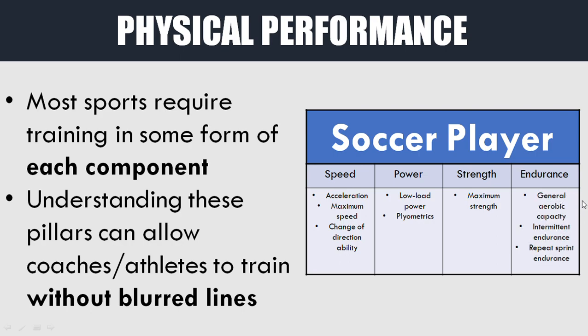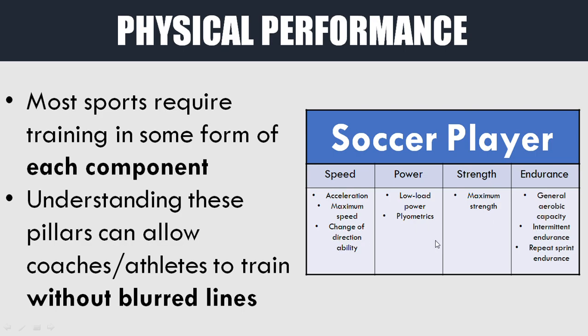Again, we might emphasize different qualities at different times of the year. So we might do some general aerobic capacity training in the off season, and then as we get closer to the season, we might start introducing more intermittent type endurance and maybe some repeat sprint endurance. This is going to be beneficial for athletes and coaches because, for example, if we're doing some sort of repeated sprint type work, are we working in the speed category or the endurance category?